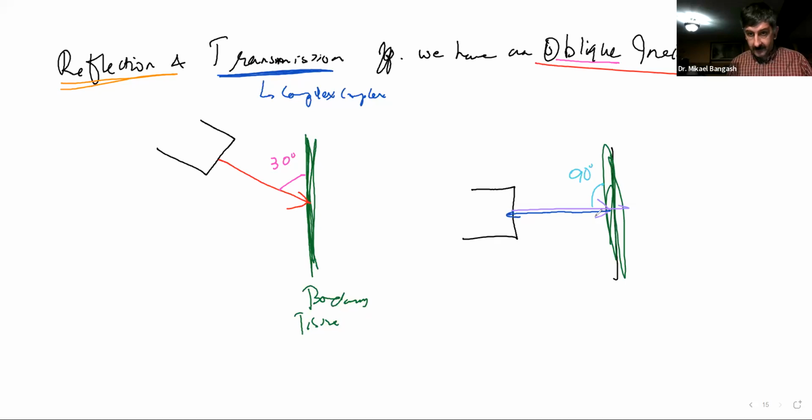So that angle of reflection also is 90 degrees. That's what we are going to see here as well, but it's going to be a little bit different, because this will be our reflection.